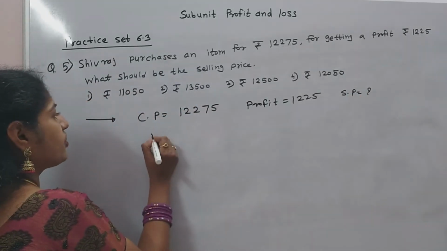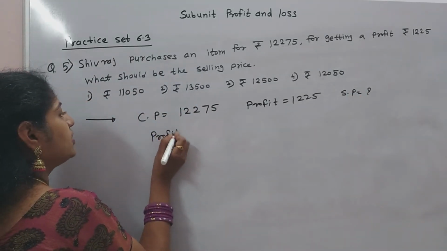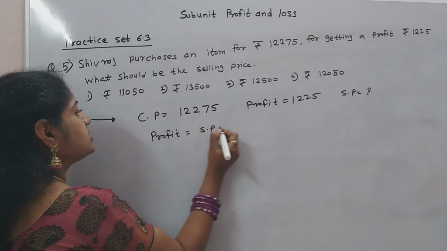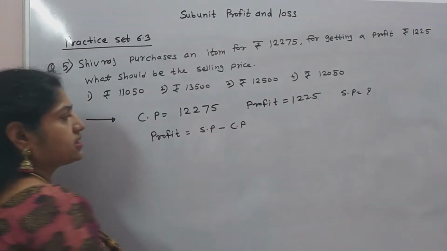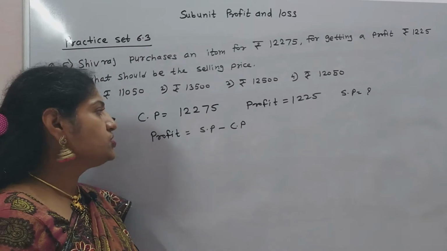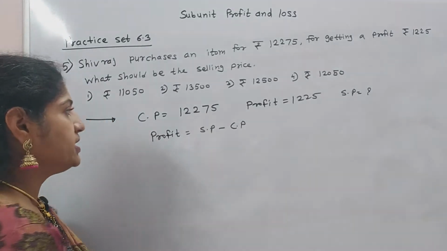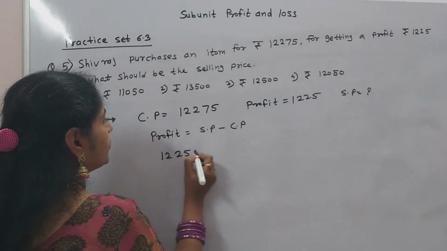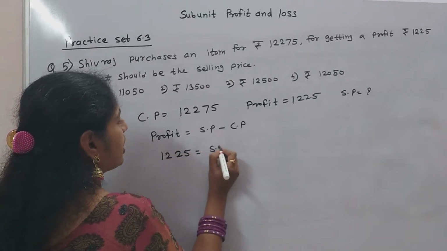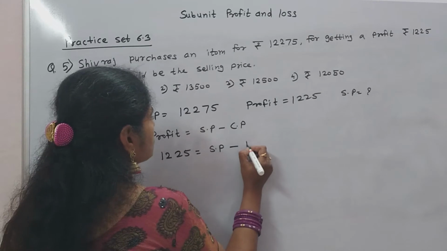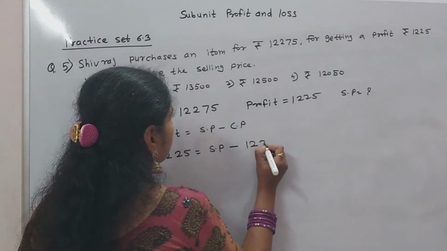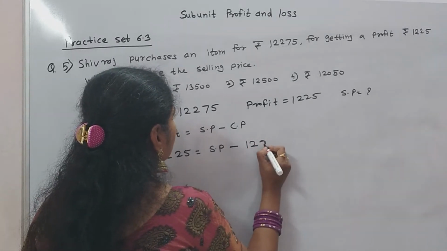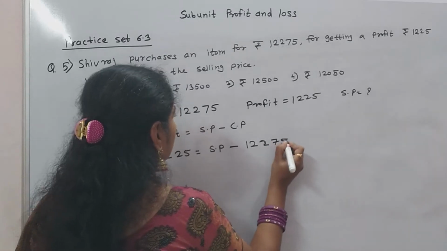So what is the profit? Profit occurs when the selling price is greater than the cost price. So profit equal to selling price minus cost price. Here profit is 1,225. We have to find the selling price. Cost price is 12,275.